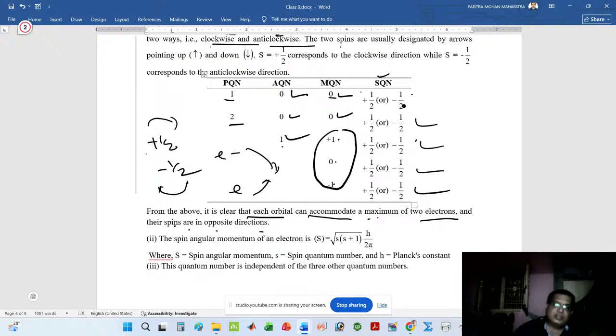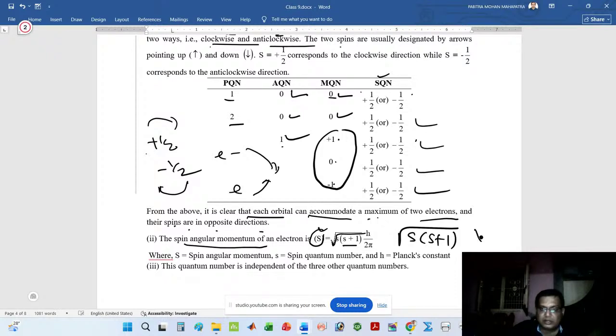By using the spin quantum number, you can find the spin angular momentum. Spin angular momentum is capital S, and the spin quantum number is small s. The spin angular momentum of an electron is S equal to root over s into s plus 1, into h by 2 pi.